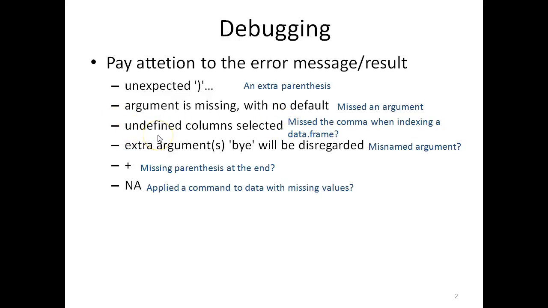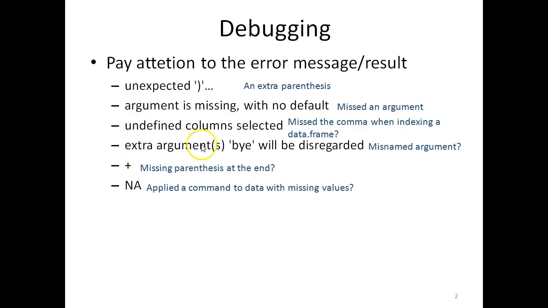That's what you get when you are trying to subscript a data frame or a matrix, and you just tell R which rows you're interested in. Commonly you're interested in all the columns, but you have to put a comma after the rows in order to tell R that all columns should be selected. If you miss this comma, you get this error message.